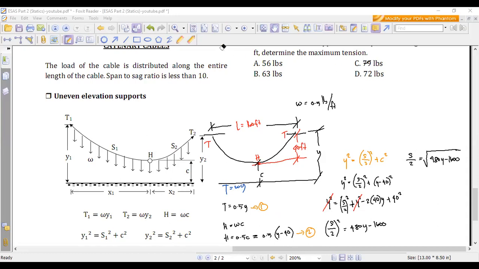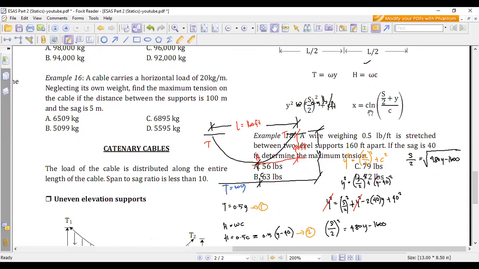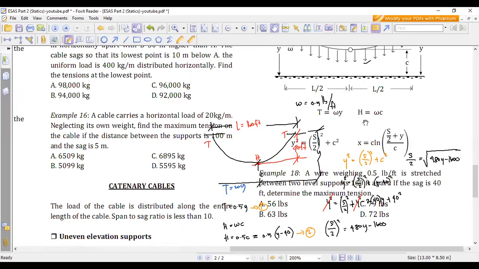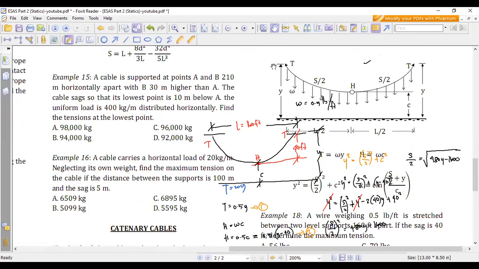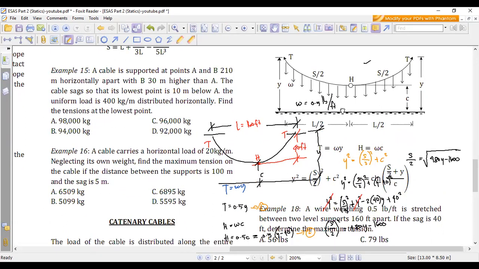Now if we take a look back at the formula presented a while ago, the fourth formula, we have x equals c ln of (s over 2 plus y) over c. So x here is actually the horizontal distance between one end and the lowest point, which is equivalent to L over 2, right?